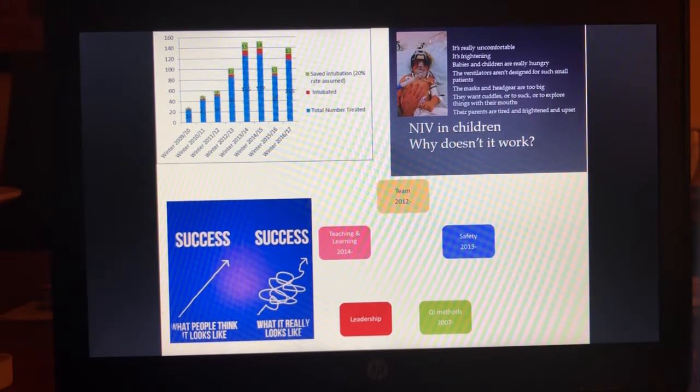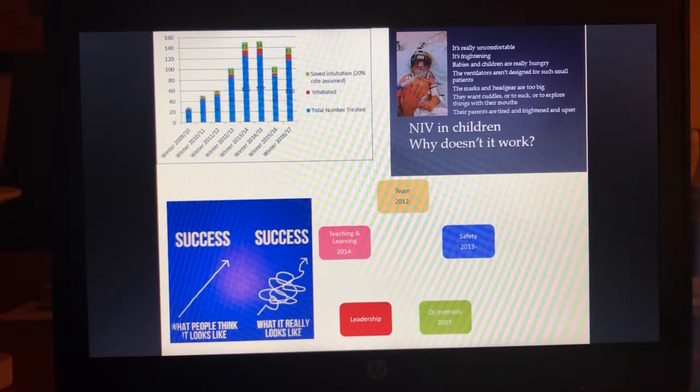At the same time we opened a children's emergency department, which meant that admission rates started increasing and attendances to our children's hospital started increasing, which explains the jump from winter 2011-12 to winter 12-13.